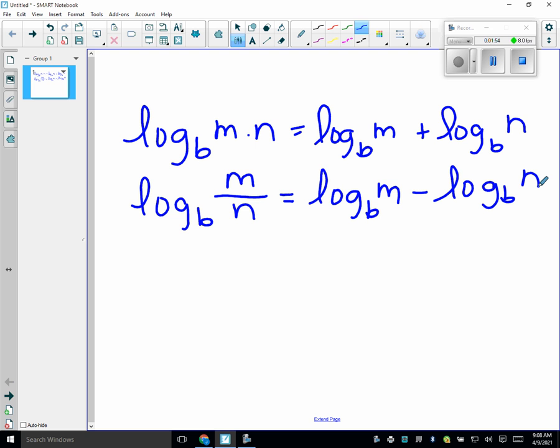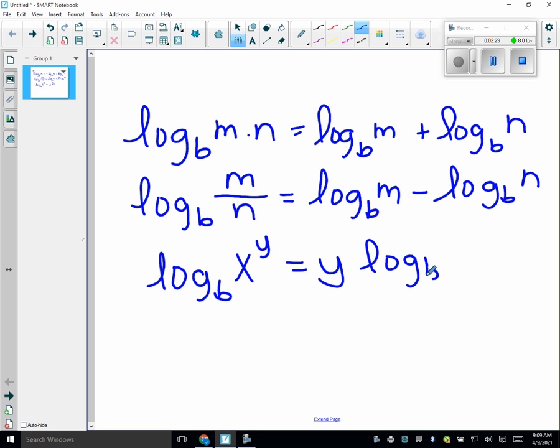So multiply becomes added, divided becomes subtract, just like exponents, isn't it? The third property, and this is the property as you get further into math that you will use the most, says if I have log base B of x to the y power, the exponent comes out front and it's y log base B of x.